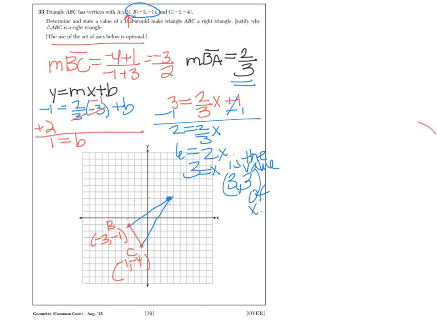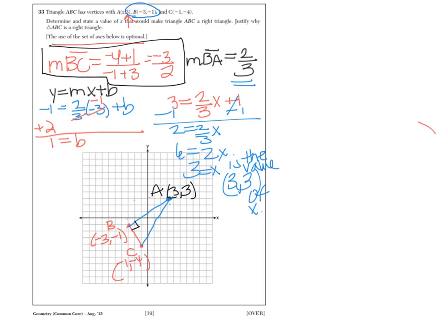So in order to prove that this is a right triangle, I'm going to prove that I have opposite reciprocal slopes. So if I proclaim that point A is 3, 3, I already found the slope of this line right here.